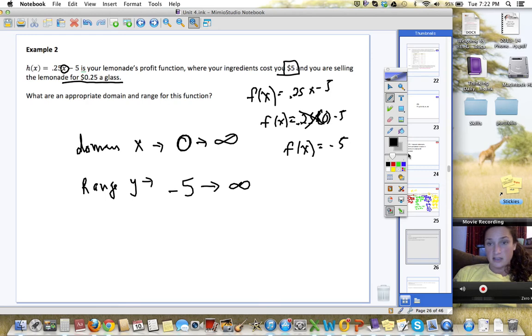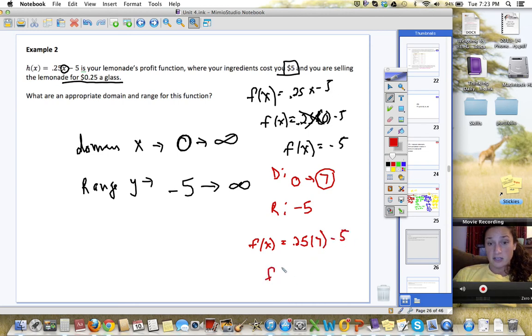But just say this, my red is just going to be a random example. Just say my domain here was 0, and maybe it was 7. My range then, for this example, would be from negative 5, and then to figure out what that number is, if it was 7, all I have to do is f of x equals 0.25 times 7 minus 5.